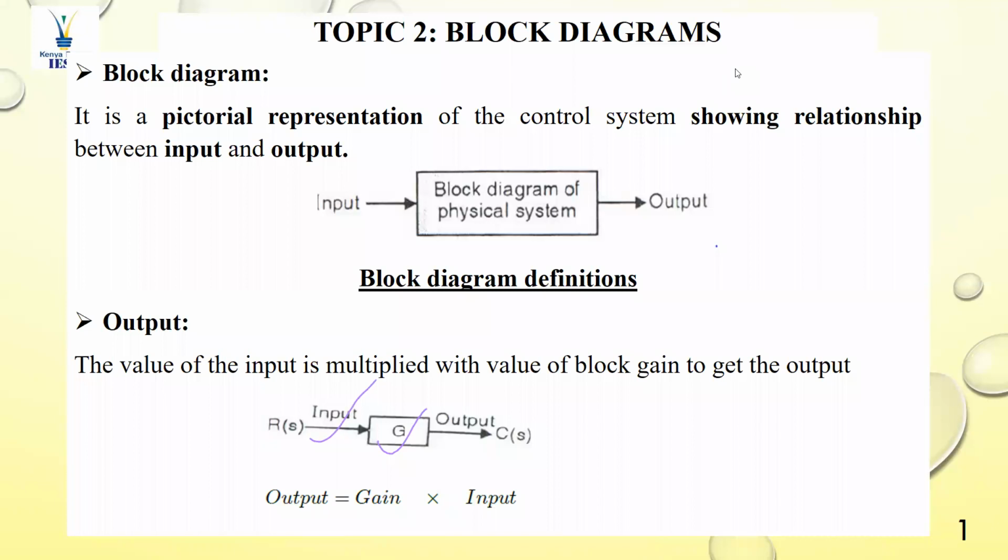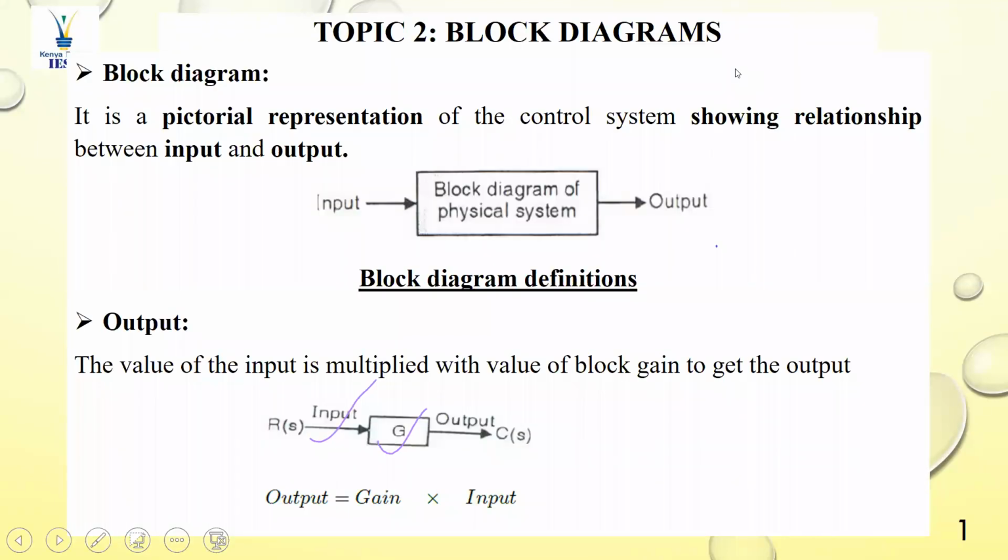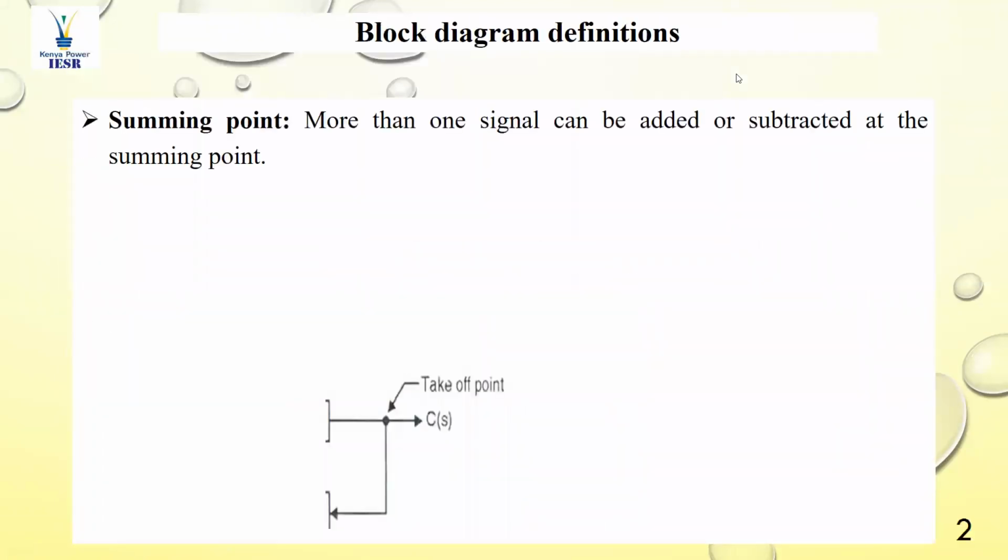Moving on to the next definition, we have the summing point. The summing point is where more than one signal can be added or subtracted.